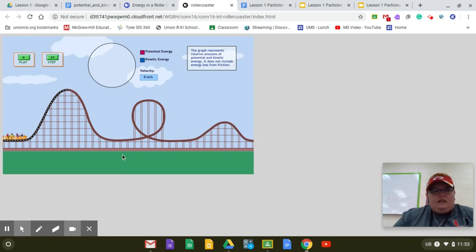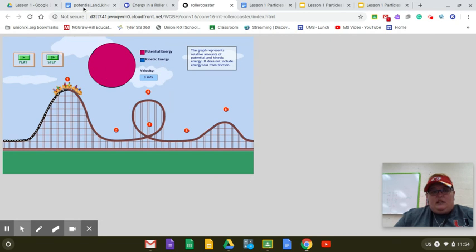All right. And so what you're going to want to do is you want to go hit the step button here, not the play, okay? Because play will go all the way through it. We want the step button. So if you click step, it's going to show you the roller coaster going up to the peak of the first hill. And when that happens, how much potential energy is compared to kinetic.